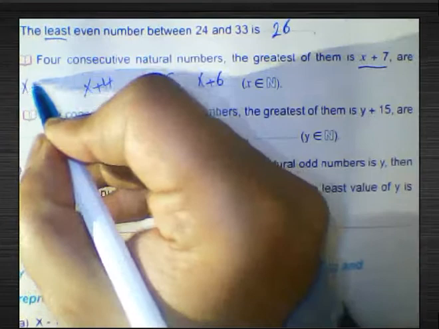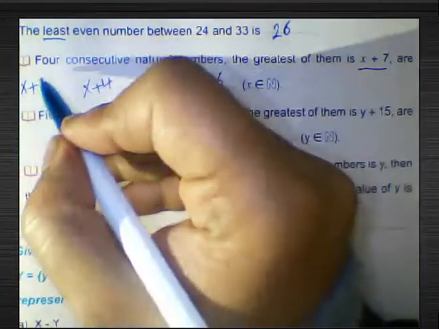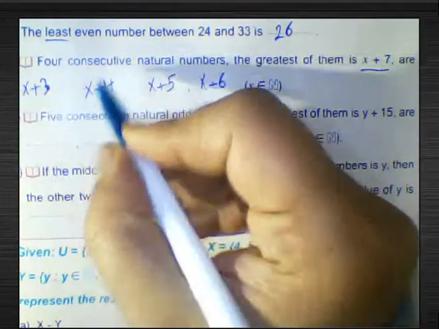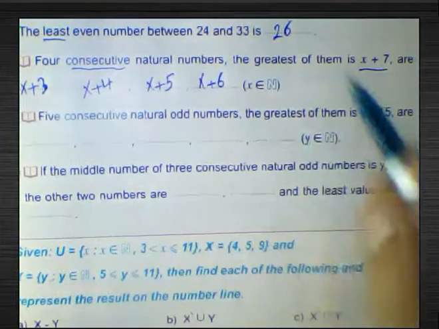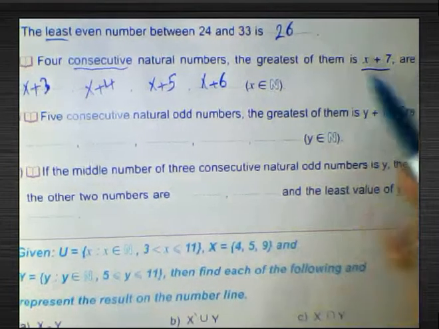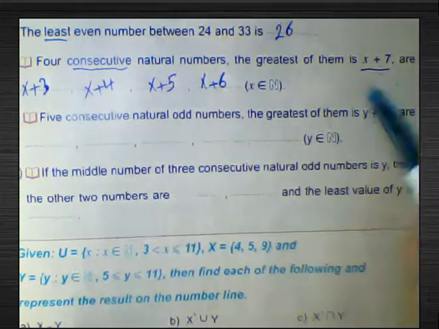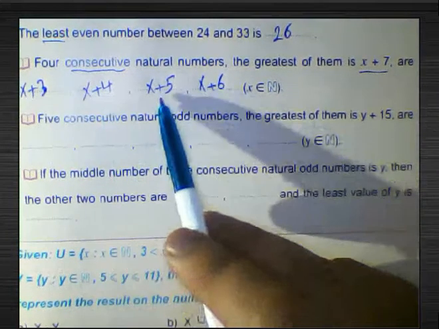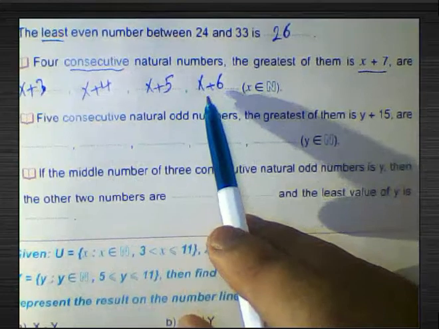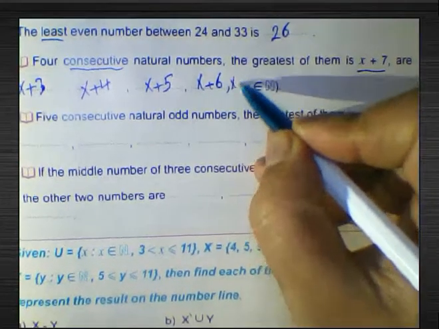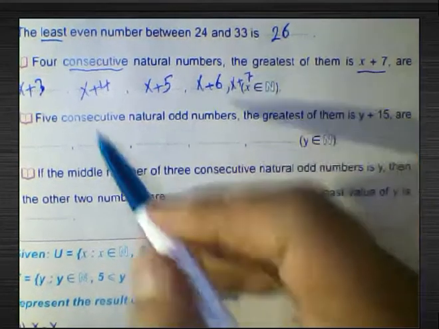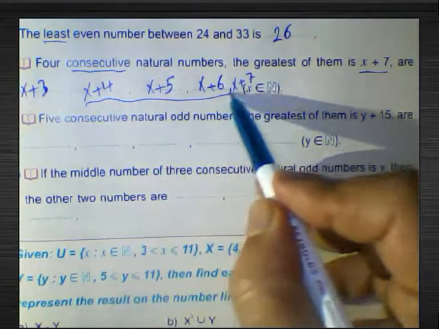So the result will be from x plus 4 to x plus 7.